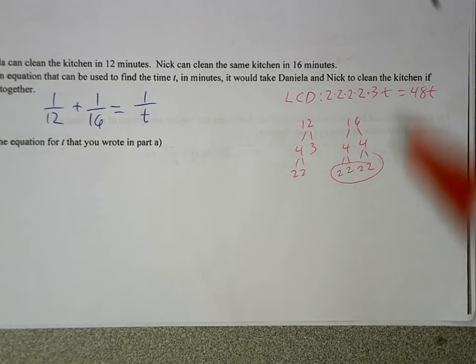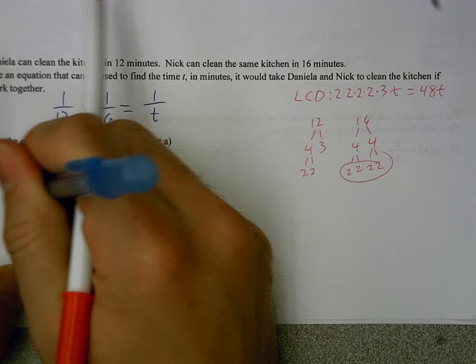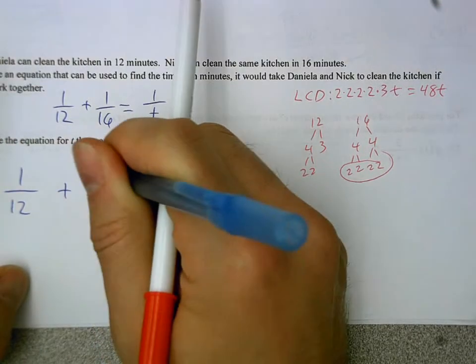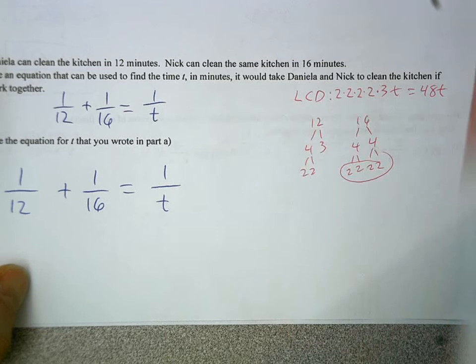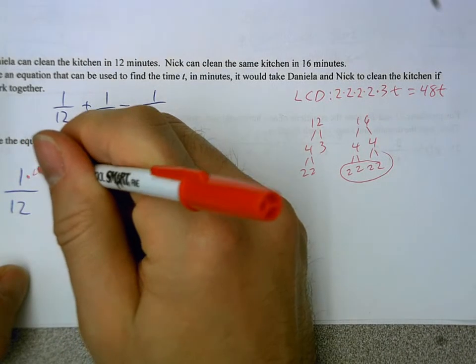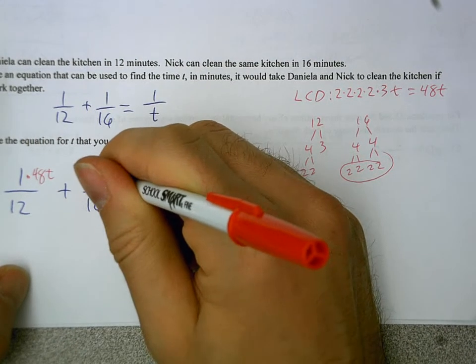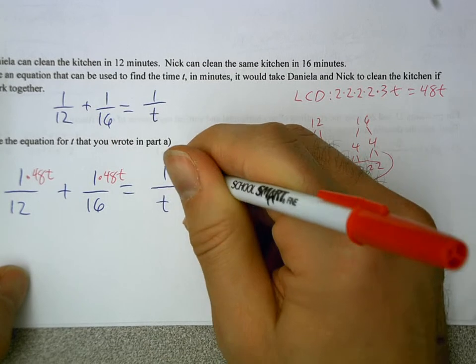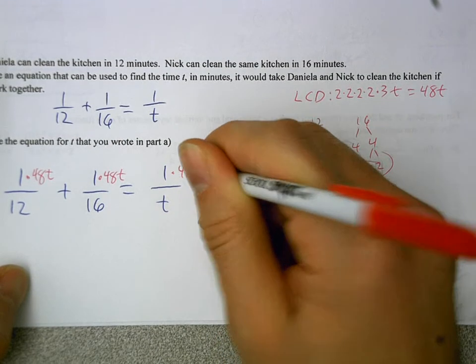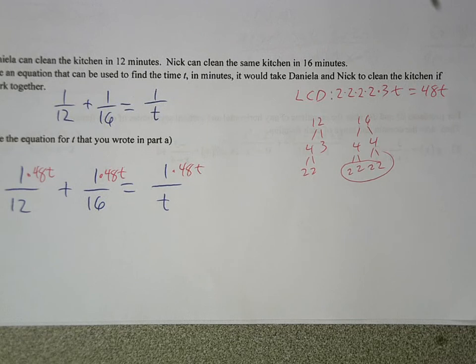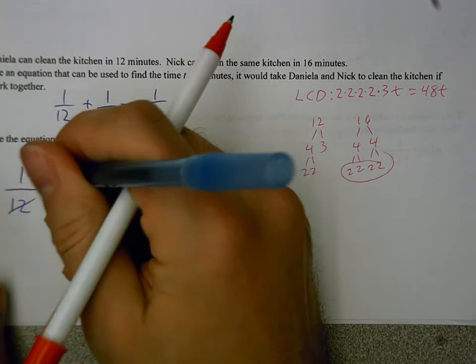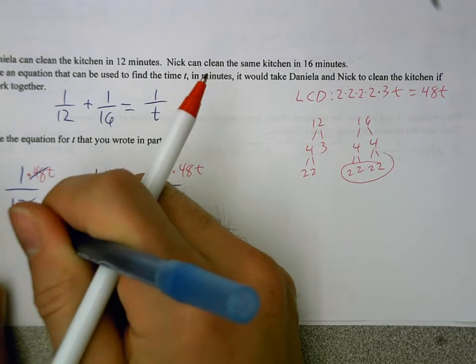1 over 12 plus 1 over 16 equals 1 over t. Multiply everything by 48t. Again, I can do this because it's an equation. I'm allowed to multiply both sides by whatever I want to. 12 goes into 48 4 times, I get 4t. 16 goes into 48 3 times.